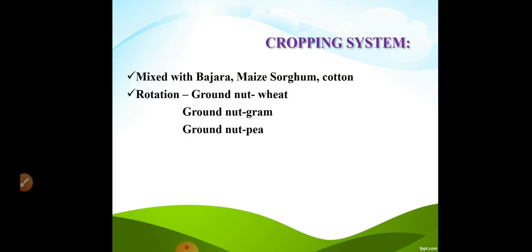Next part is cropping system. See, we can cultivate this crop mostly as Kharif groundnut, mixed with majority crops like bajra, maize, sorghum, and cotton. If we think about intercropping, this groundnut is also cultivated with soybean, sesame, green gram, black gram, tur as intercrop.